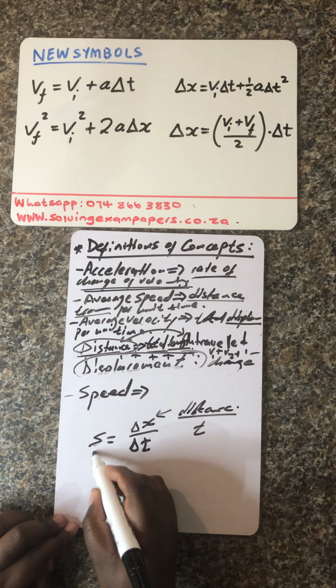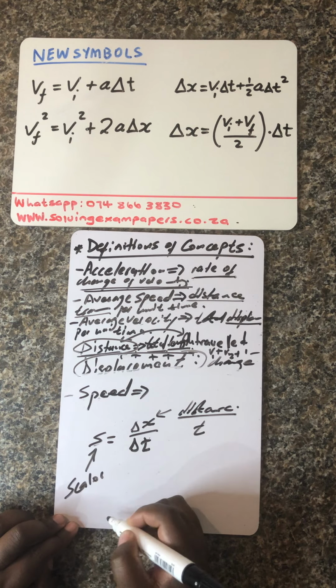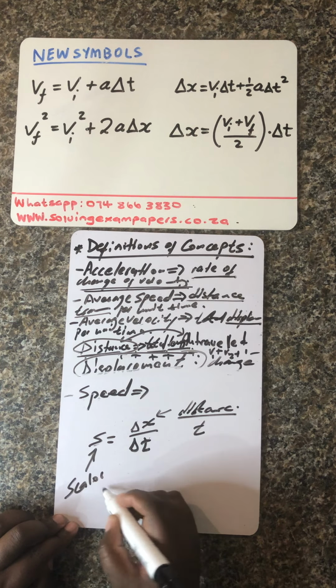And remember guys, speed is a scalar quantity, which means it's a quantity that has a magnitude, or a value. What is a magnitude, ladies and gentlemen? It's just a number for a speed. Speed can be 3 meters per second. So this is the magnitude, or the value, of that particular speed.